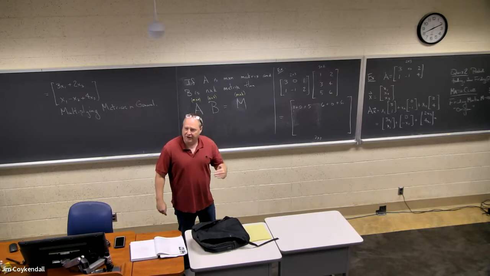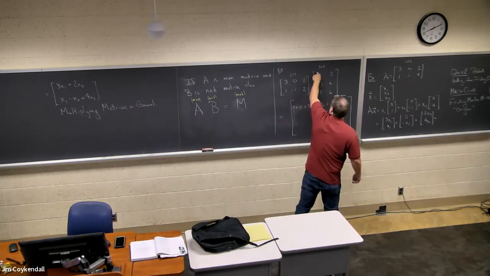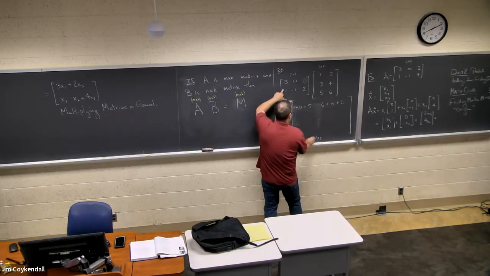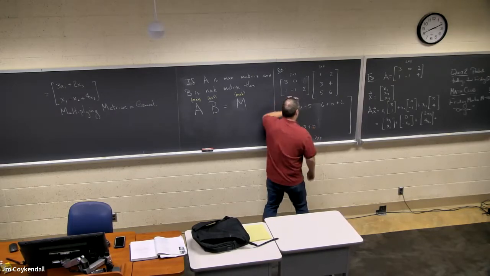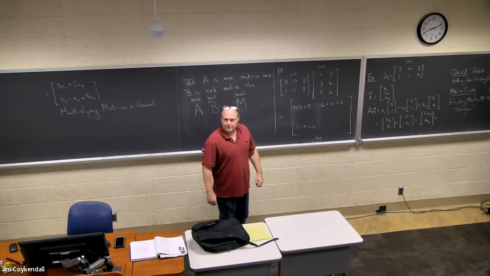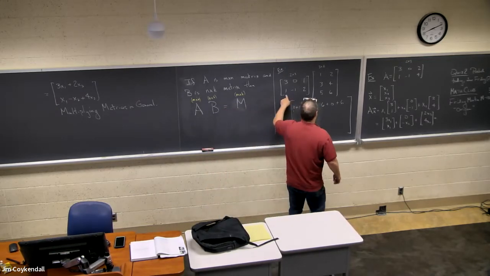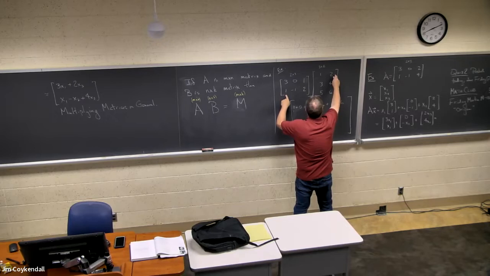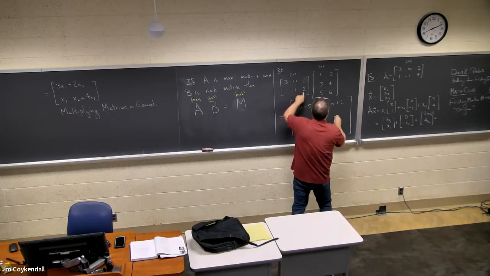We now need a second row first column. So multiply your second row times your first column. And that's going to be 1 minus 3 plus 10. And finally, second row, second column, 2 minus 4 plus 12.